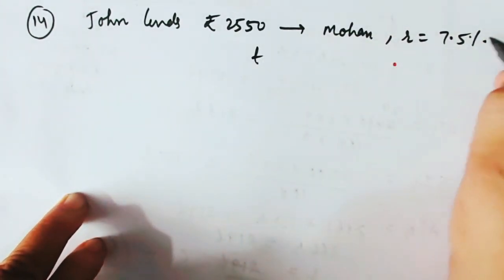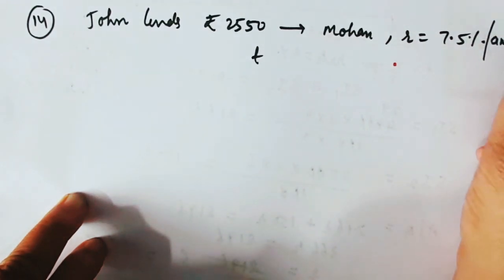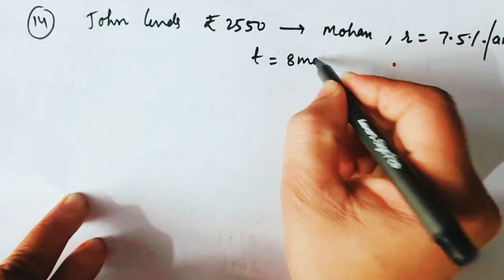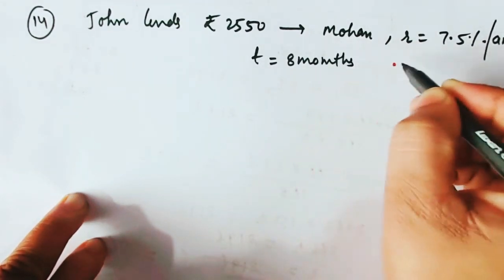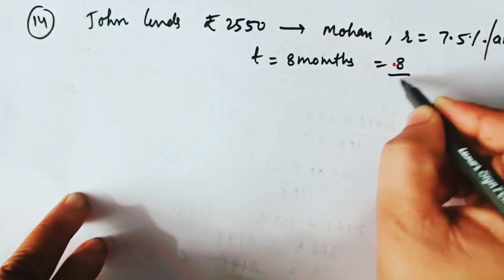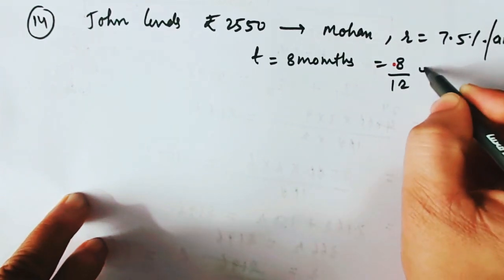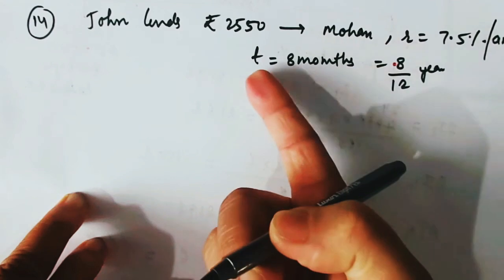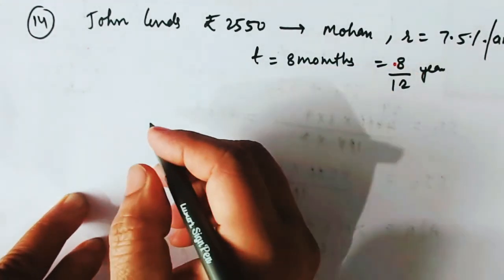Per annum means yearly. So time they have given is 8 months. 8 months means 8 by 12 year, because this rate is in years, so I have to convert this time also into years.